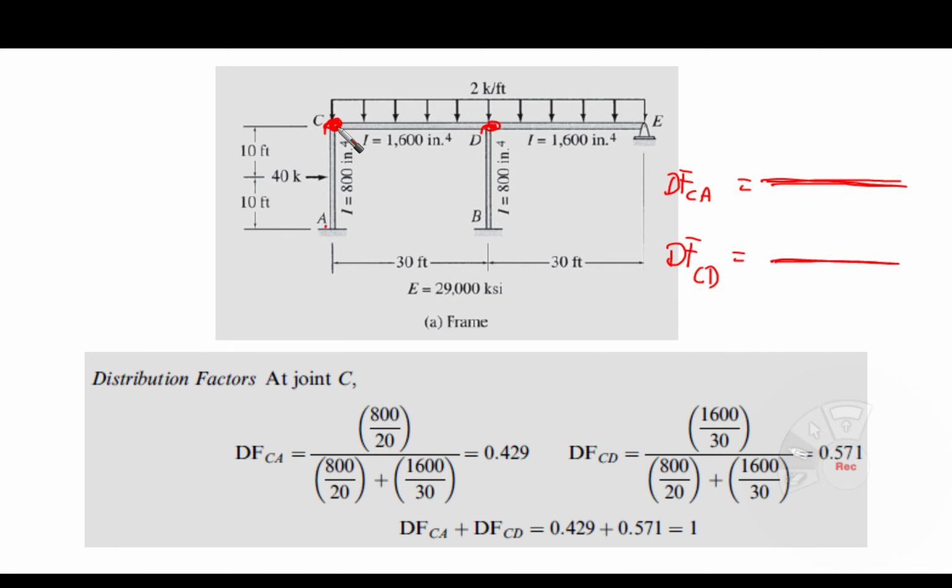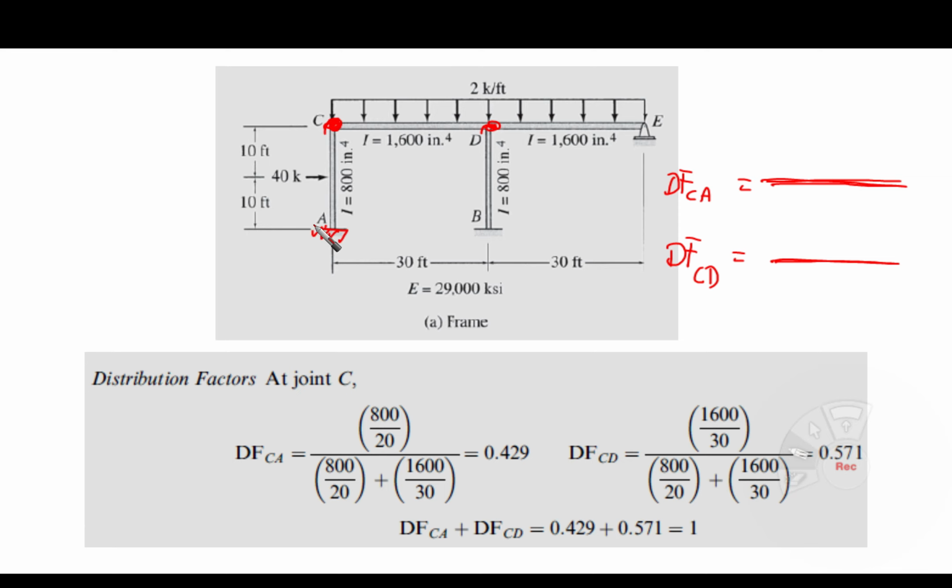Okay, and we said that the denominator for this distribution factor is going to be the summation of the relative stiffnesses of all members framing into the same joint. We have member AC and member DC, and the relative stiffness of member AC, or let's call it CA, the far end is what?